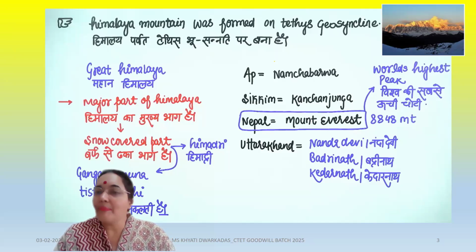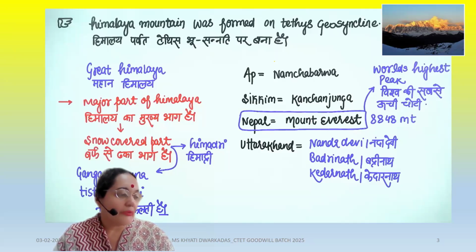At the same time, we happen to see certain peaks that the Himalayas have. And the most important we saw was Namcha Barwa in Arunachal Pradesh. So today on your screen, you are able to see the Namcha Barwa peak. With that, in Sikkim, we saw the Kanchenjunga peak. We also spoke last time about the highest peak of the Himalayas from the Indian point of view being recognized as Mount Everest in Nepal, which is also the world's highest peak at 8848 meters.